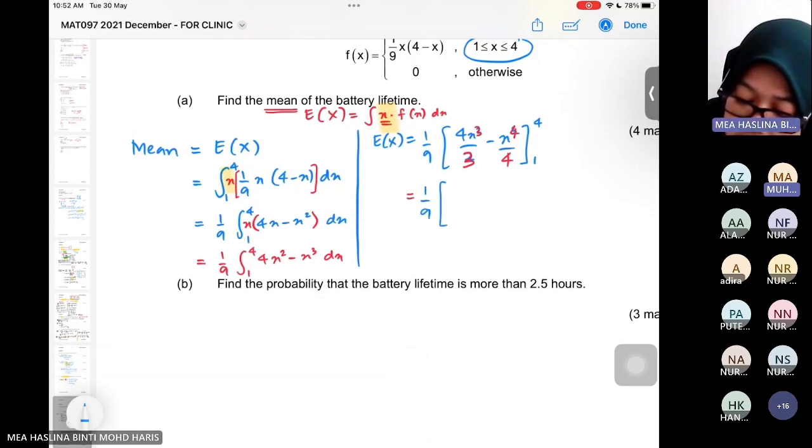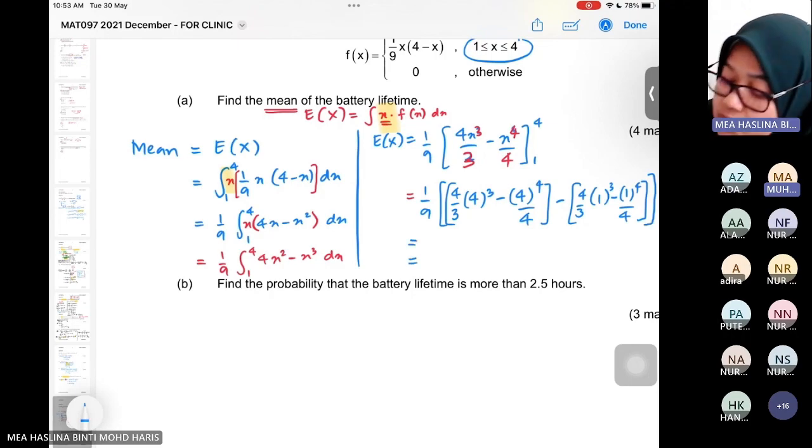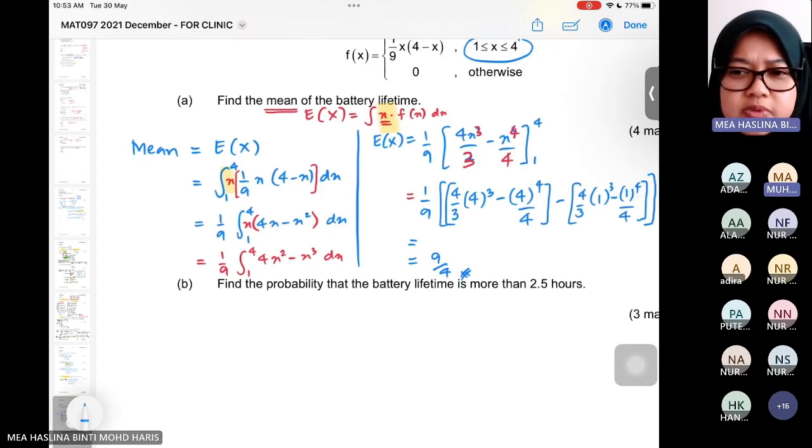You just substitute 4 over 3, 4 cubed minus 4 to the power of 4 over 4, minus 4 over 3, 1 cubed minus 1 to the power of 4 over 4. You can simplify this, so the answer should be 9 over 4. Was there any problem doing this? Is it okay, everyone?